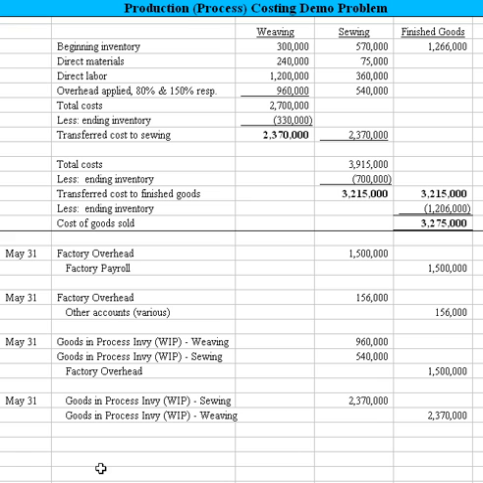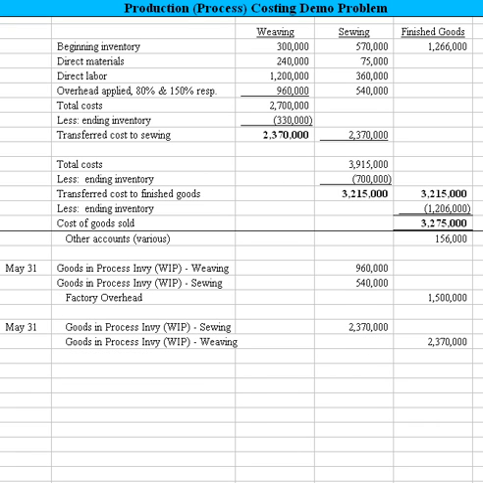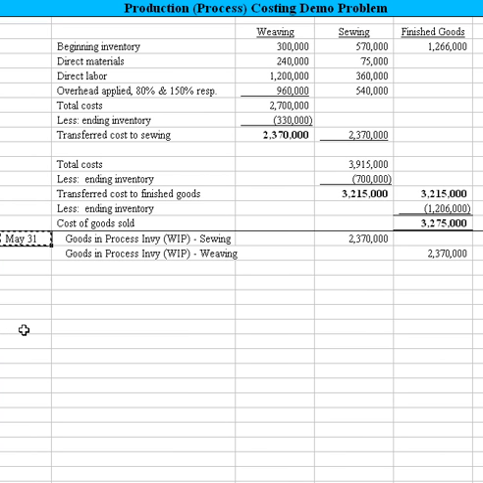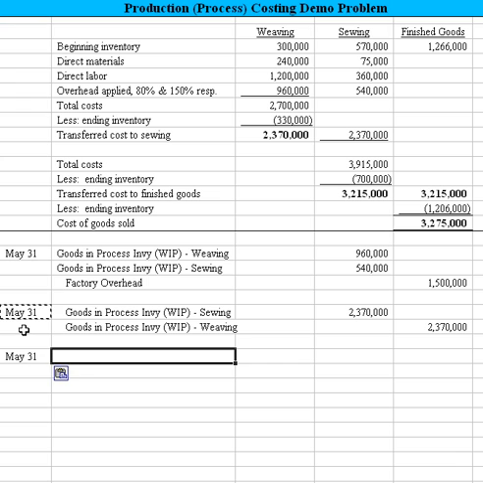All right, we've just got a couple more to go. Oh, excuse me. Went a little bit too far. Now we need to show the transfer of the completed products from the sewing to finished goods. Well, we know we're going to have a credit from sewing, and I would imagine we're going to have a debit to finished goods. Makes sense, right?